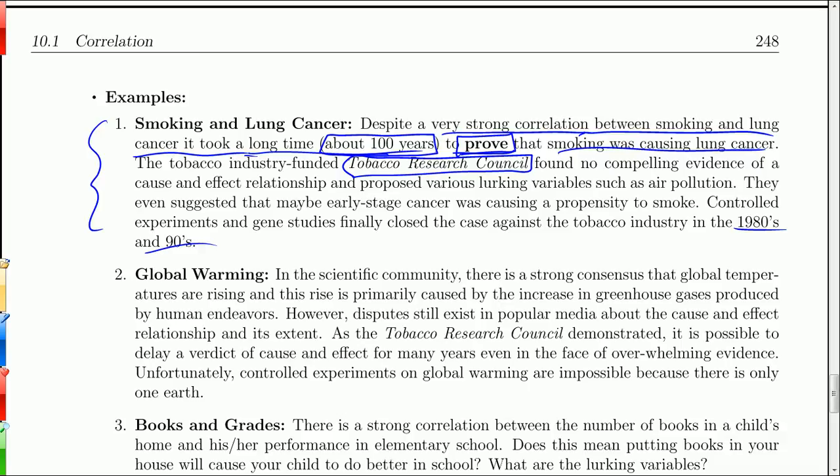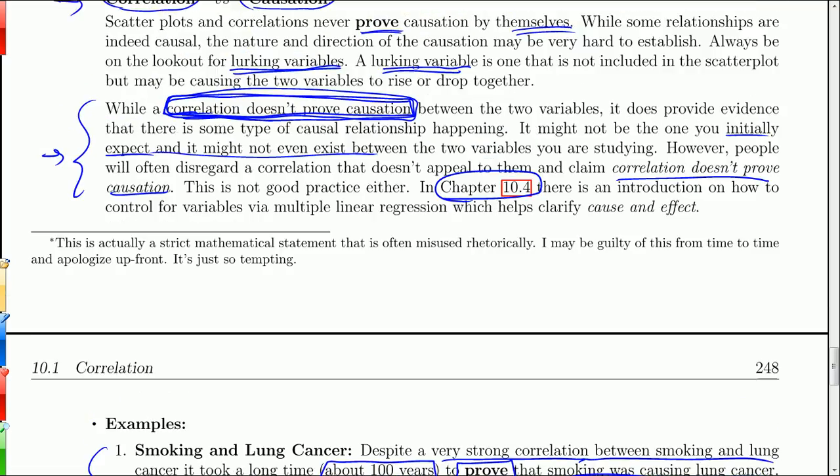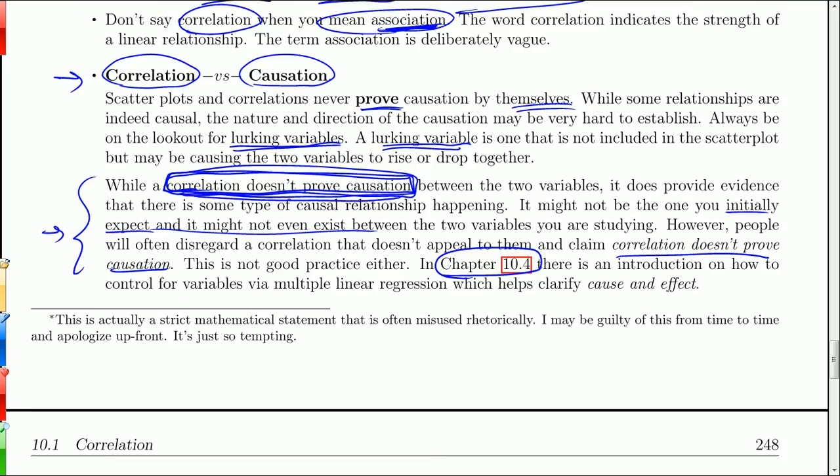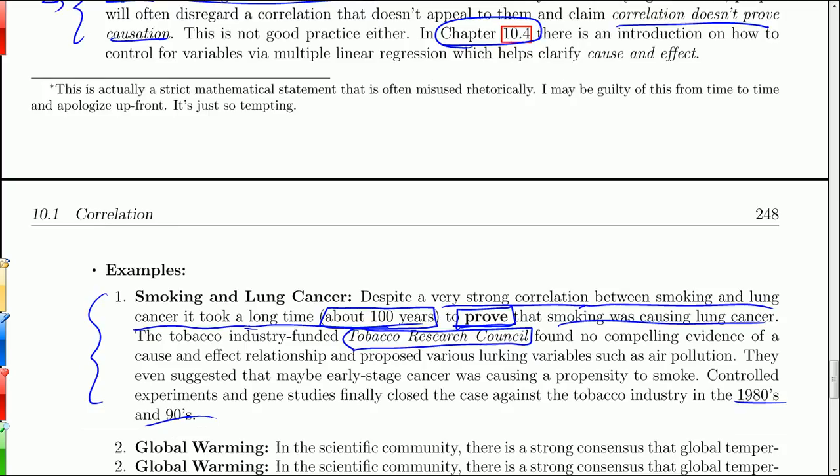But it took a long time, because the tobacco company's defense kept going back and quoting, correlation doesn't prove causation. And so it took 100 years for people to finally officially recognize that.